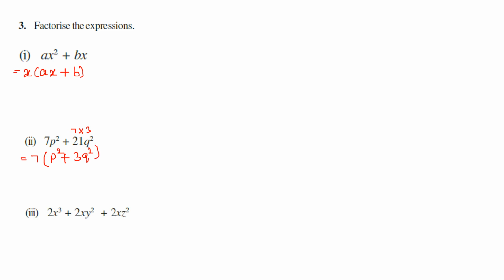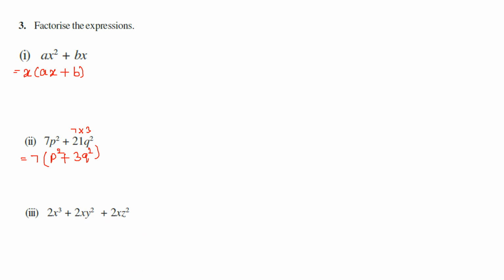Third one. The third question is 2x cube plus 2xy square plus 2xz square. First of all, you can see in each term 2 is present, so 2 I can take common. And the variable x is also present in all the three terms. If a variable is present in all the terms, I can take the lowest power of the variable common. The lowest power of x is 1, in the second and third term, so I can take x also common.